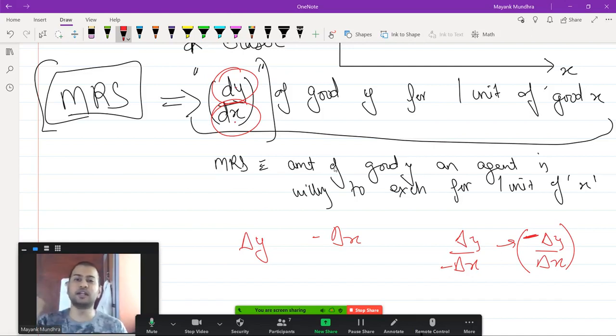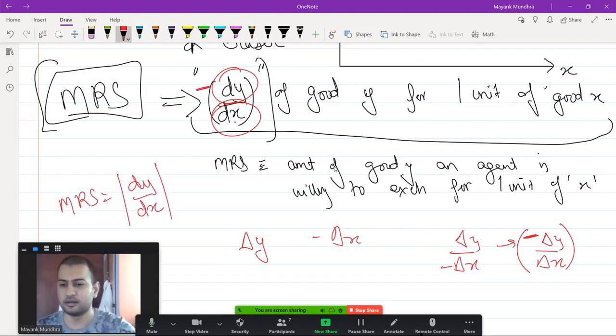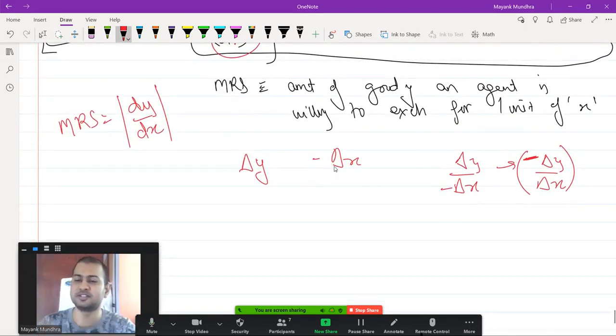To remove that negative, we put a negative sign in front so that the overall thing becomes positive. So MRS is nothing but the modulus of dy by dx, the mod function we have studied, which just imposes a negative in front if the original quantity is negative. Now we know that dy by dx has to be negative if both commodities are good, so this becomes just minus dy by dx.